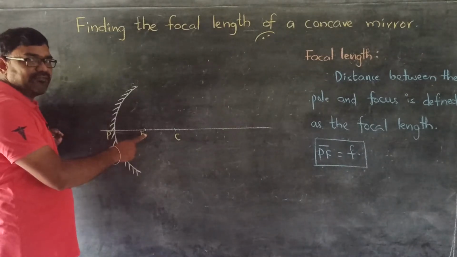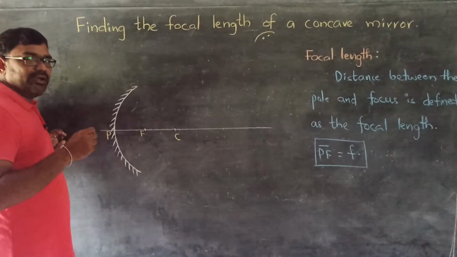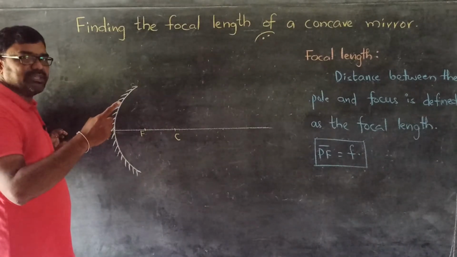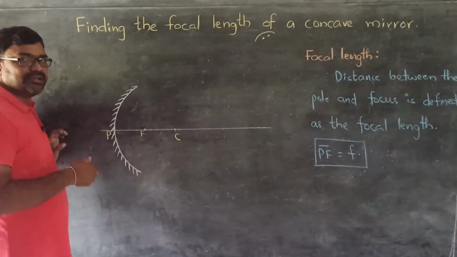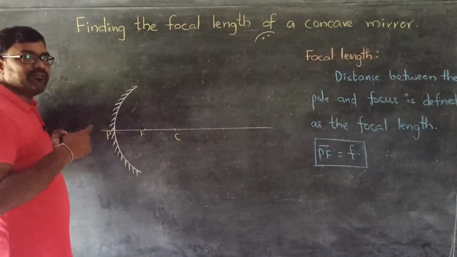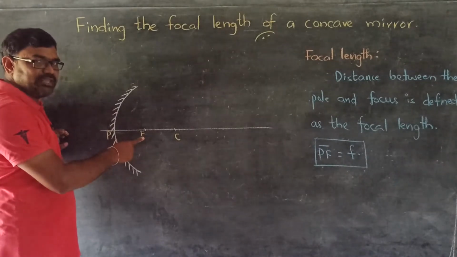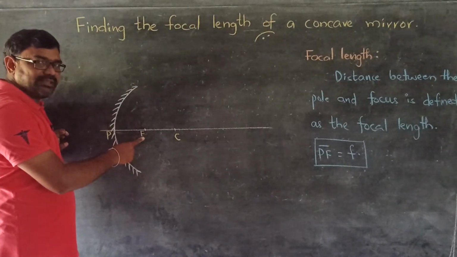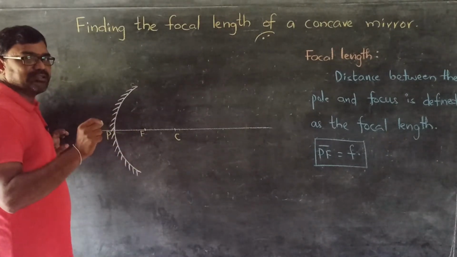So for that we have an idea that the image of an infinity distant object is formed at focus. Already we have learnt all these ray diagrams. The image of an infinity distant object is formed at focus. So simply what we do is we need to get the image of an infinity distant object.